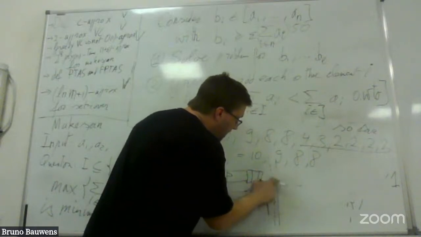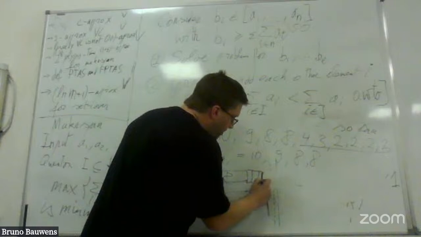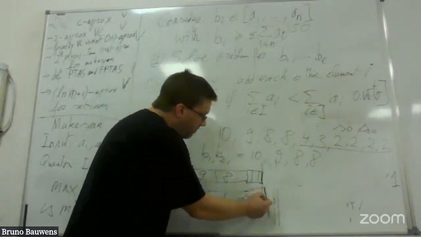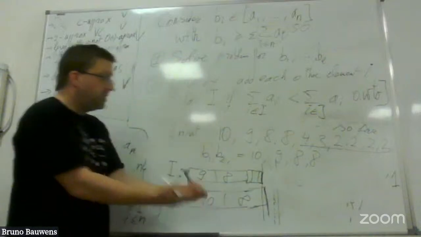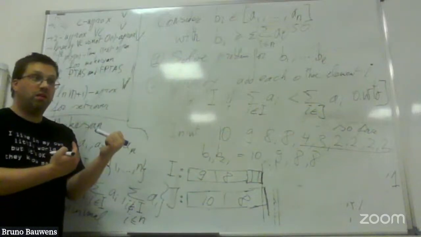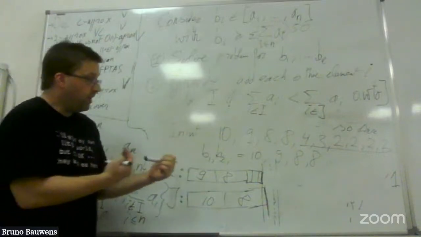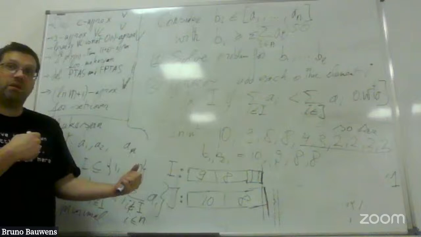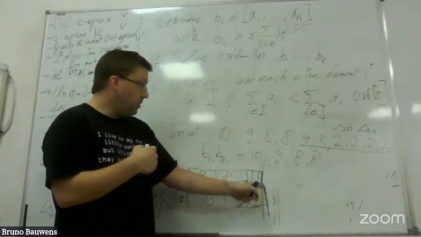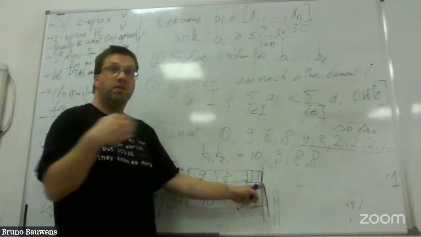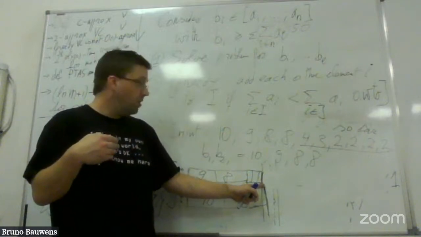Before we add the last element from the greedy algorithm, we know that the load on the smallest core must be smaller than the optimal load. Why is it? You see why?